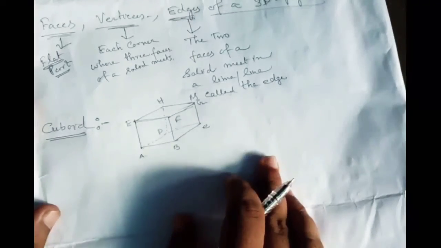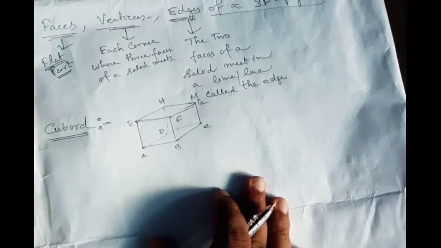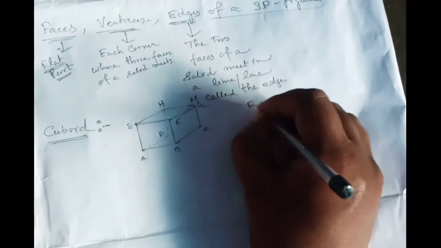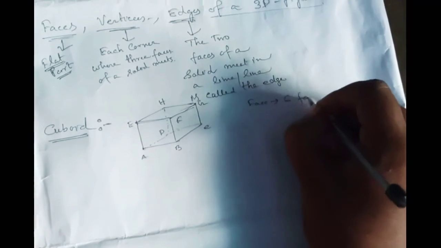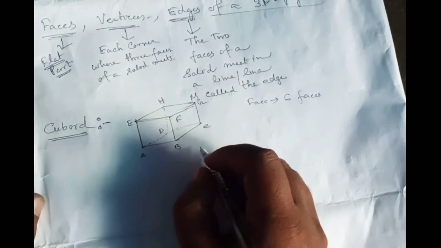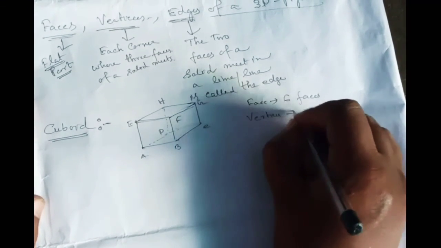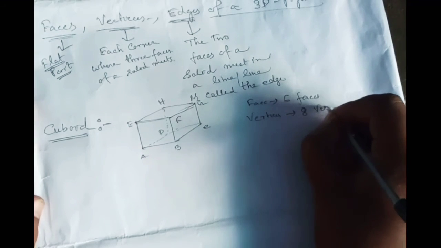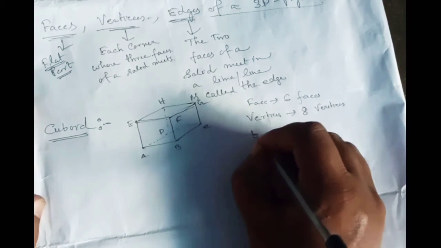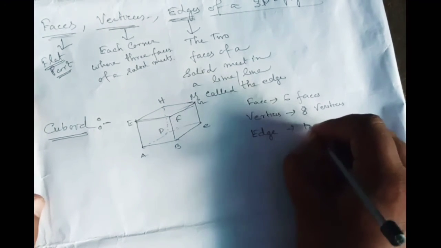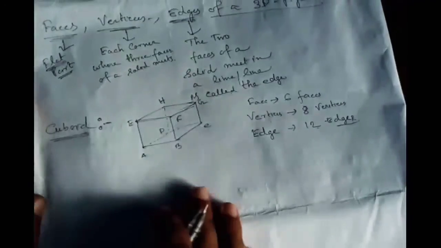So for a cuboid, if we take faces, it has 6 faces. Vertices, 8 vertices, and edges, 12 edges.